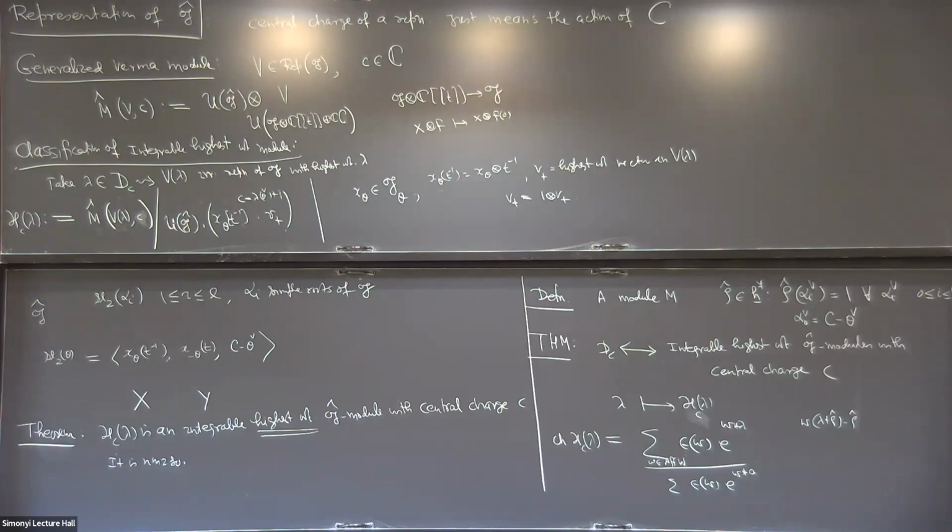But it becomes complicated if you have to write this module very explicitly. Of course, you have a character formula, but take finite dimensional g, and suppose I give you a finite dimensional representation.